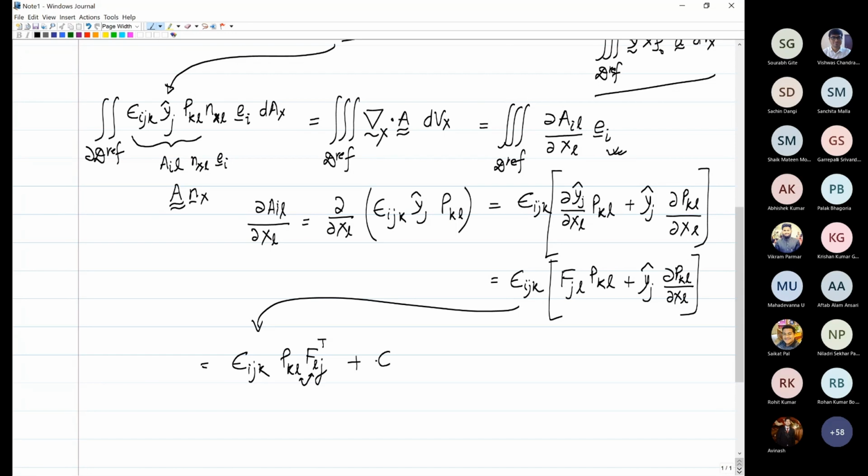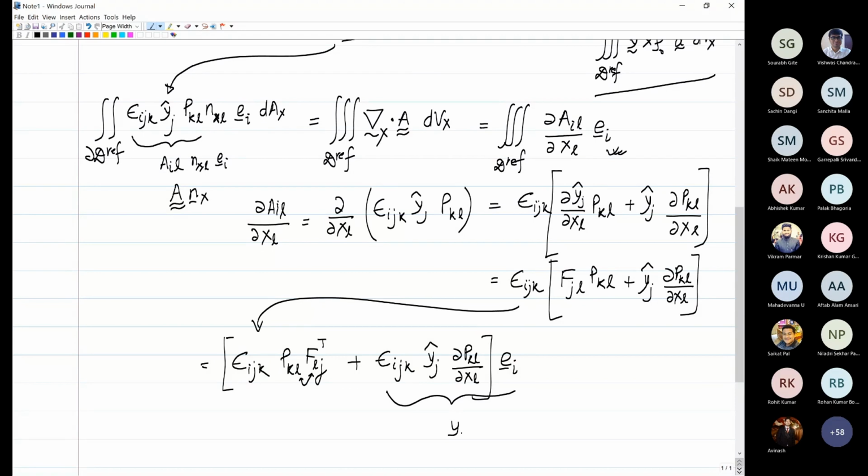Then the second one is epsilon ijk yj hat del pkl over del xl. And then of course this whole thing is also multiplied with ei, remember, because as you see here this ei, you have that everywhere. So you can now guess what is the second term over here.